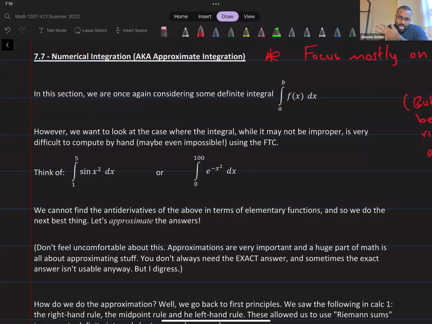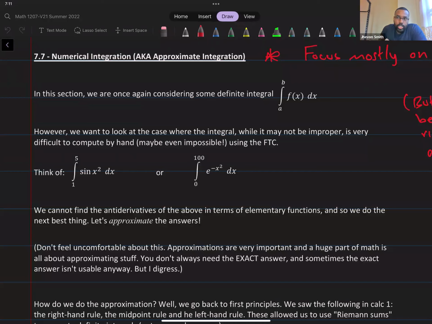Any combination of that you can come up with, you will not find a function that when you differentiate it, e to the minus x squared is going to be the answer. So these functions have no antiderivatives in terms of elementary functions. That kind of throws a wrench into the problem.